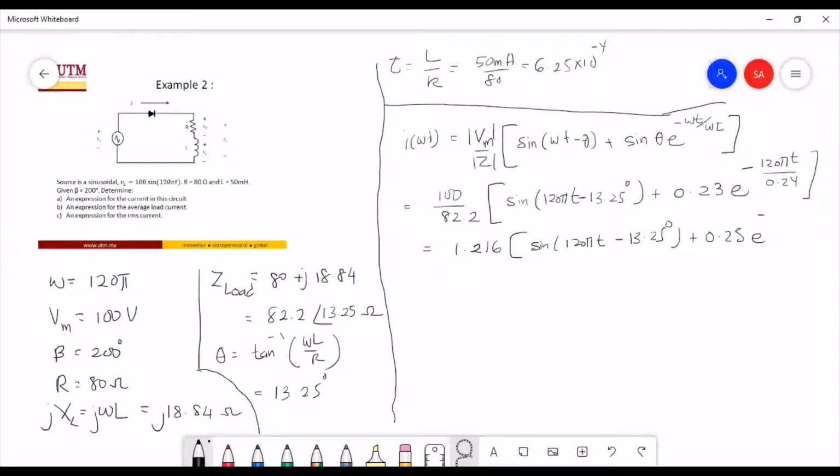I think you can just leave it like this, it is still acceptable. So this is the answer. And for the next expression, it is a very simple expression.